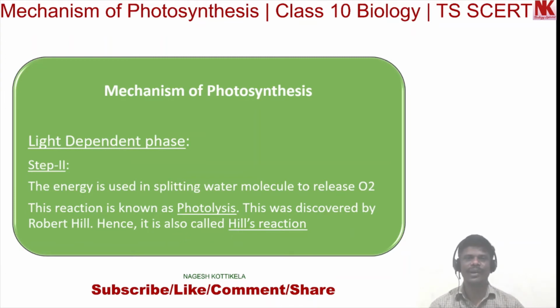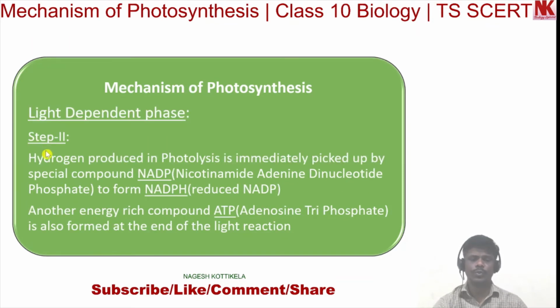Important for exams. Hydrogen produced in photolysis is immediately picked up by a special compound NADP to form NADPH. Here, NADP is nicotinamide adenine dinucleotide phosphate and NADPH is reduced NADP.